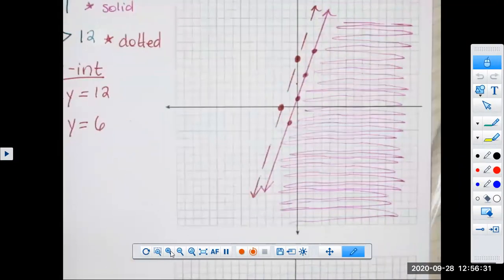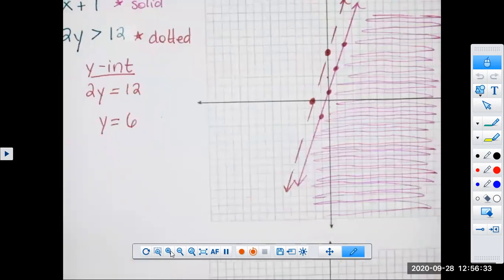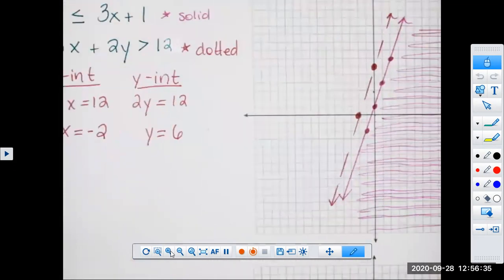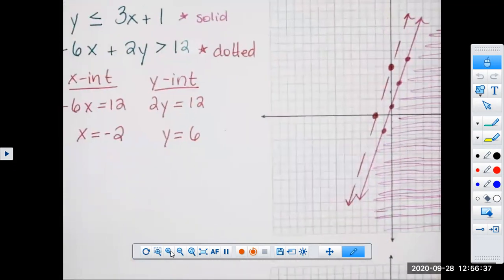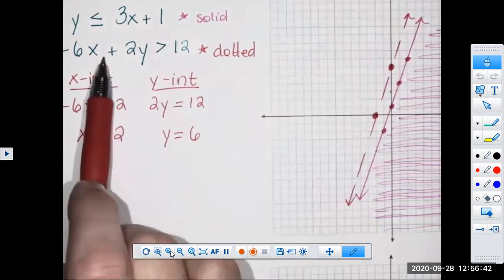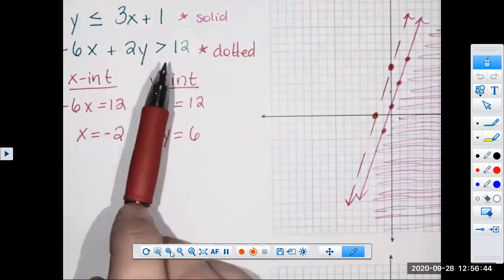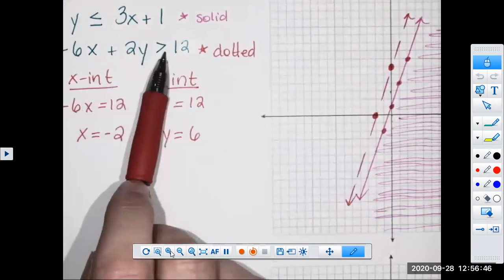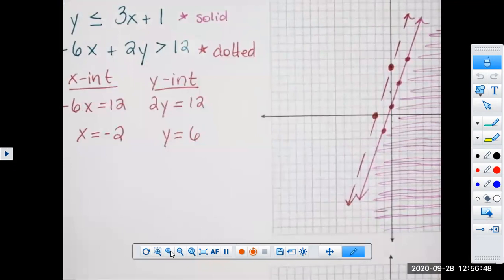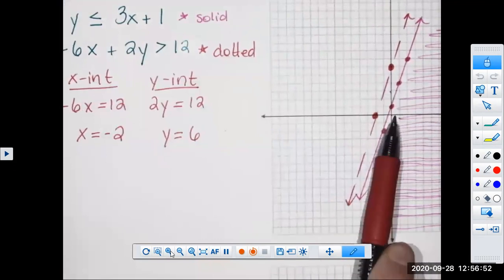Okay, where would you shade in relation to the red line? All right, you would shade above. You have to be more careful here because y is not solved for, so you can't just look at the symbol. But I could always plug in a point, like the origin. The origin's on this side of that red line.